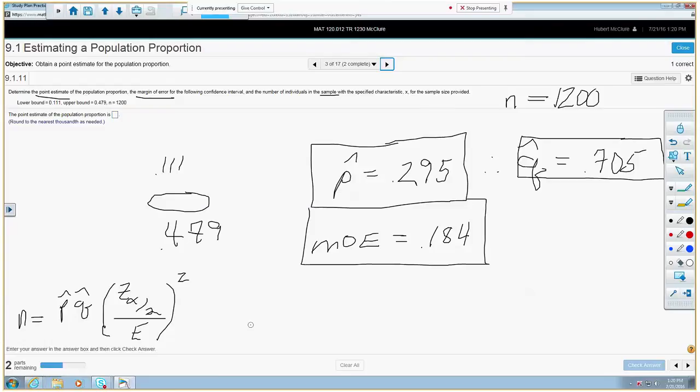How did we get the margin of error? If this is in the middle, the margin of error is added on one side and subtracted on the other. So if you take this and subtract this, you're going to get the distance between here and here, which is your margin of error.